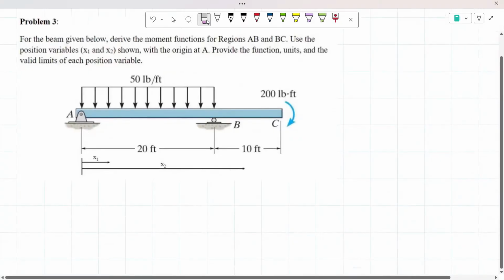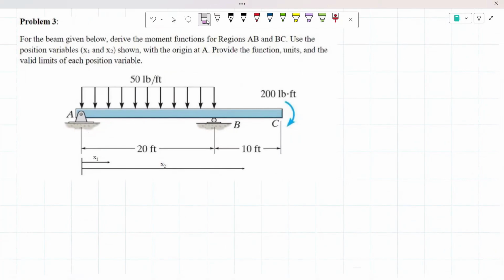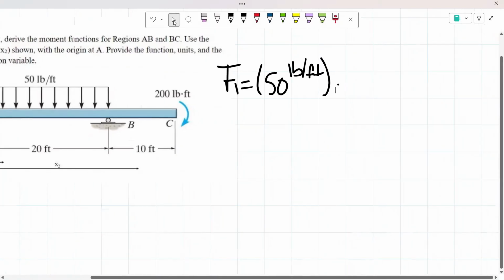So the first thing that I'm going to do is determine the concentrated force of this uniform loading that I have in the beam from the span AB. I'm going to call that concentrated force F1, and we could find that by multiplying 50 pound-feet by the span, which is 20 feet.